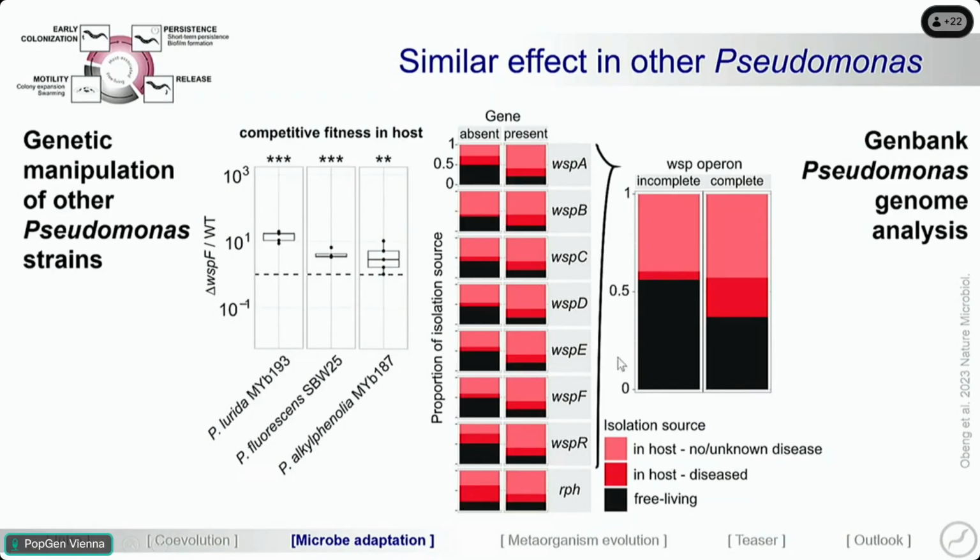And there's a clearly significant effect. Whenever these genes or the entire operon is present, then we have a significantly higher likelihood that these species or these isolates are associated with a host.